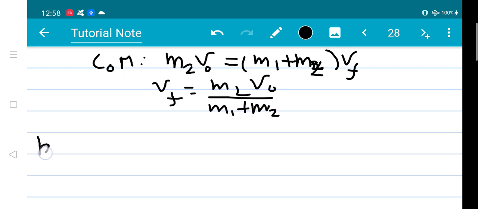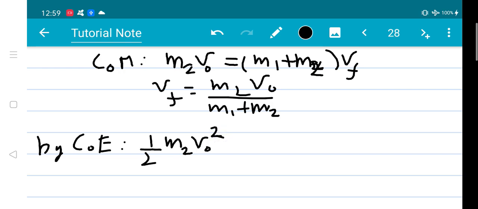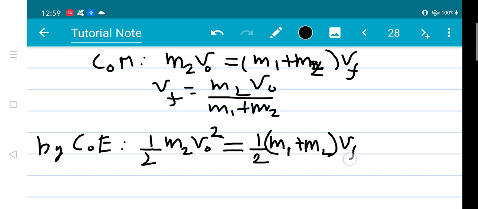Now by applying conservation of energy, half m2 v0 square, when the charge q1 was at rest and q2 started moving with velocity v0, is the initial energy of the system. This will be equal to the kinetic energy of the combined mass into vf square plus the potential energy between the particles.